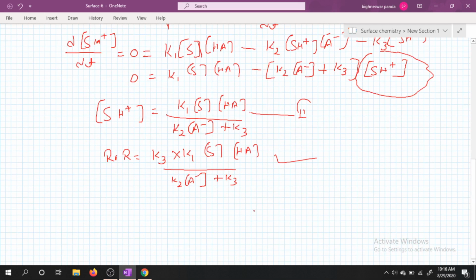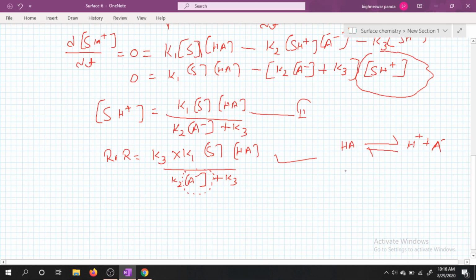Another important concept: here A minus is the conjugate base, already studied in ionic equilibrium, and these are weak acids, because in enzymology or in reactions catalyzed by acid or base, generally we have to take organic acids, and generally organic acids are weak acids.